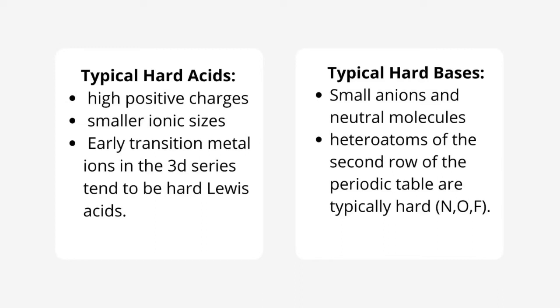Typical hard acids have high positive charge and smaller ionic size, and early transition metal ions in the third series tend to be hard Lewis acids. The typical hard bases are small anions and neutral molecules, and heteroatoms of the second row of the periodic table are typically hard, like N, O, and F.